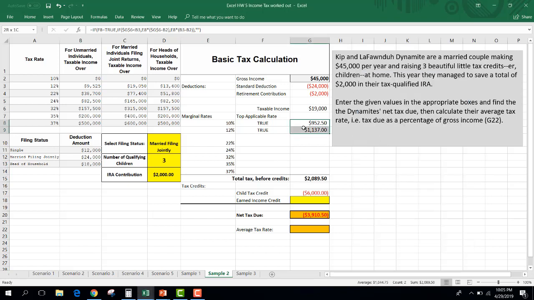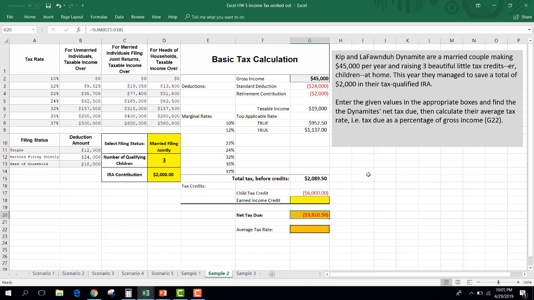So then the total tax is the sum of those, which is going to be $2,089.50. Now, however, they have the child tax credit, all right? And the child tax credit says that they've effectively paid $6,000 in tax already. So their net tax due is actually $3,910.50 negative, right? They don't owe the government anything.